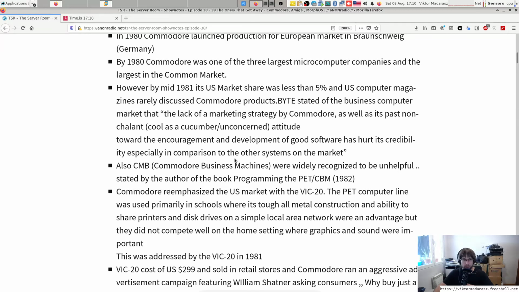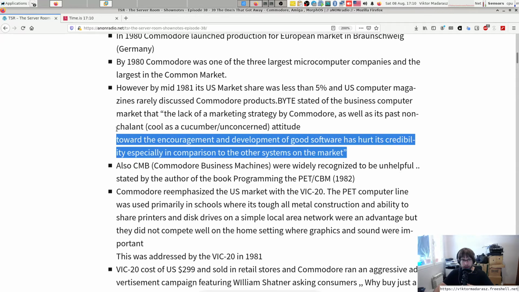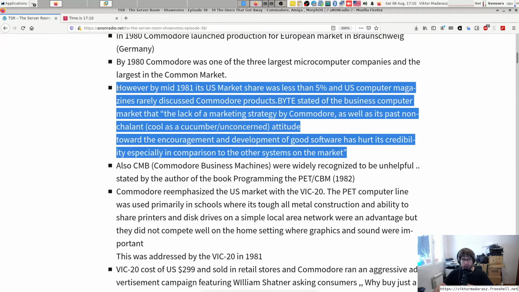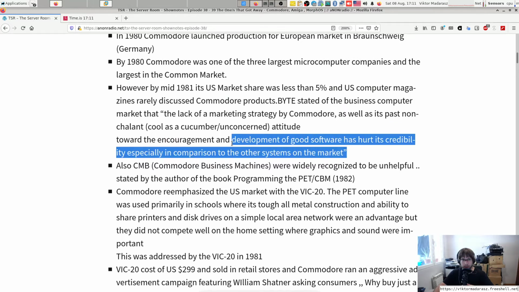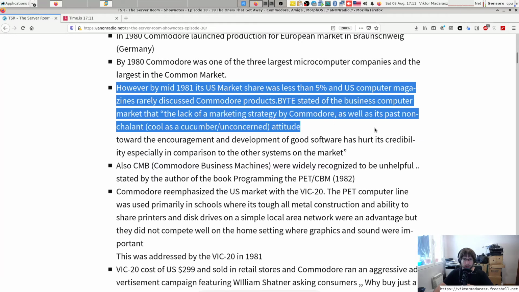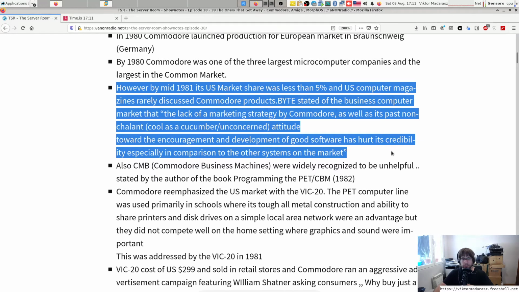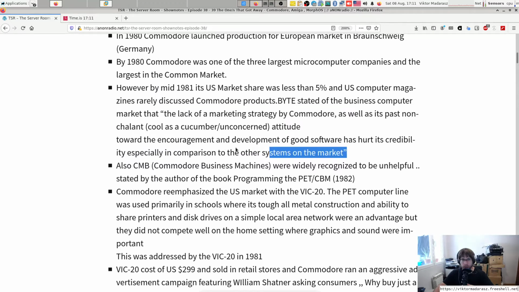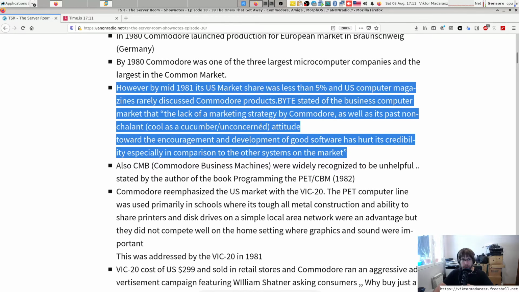So from this statement by Byte magazine, you can see that it is important that developers write applications for your platform and your machines, and it's not something you can take lightly.